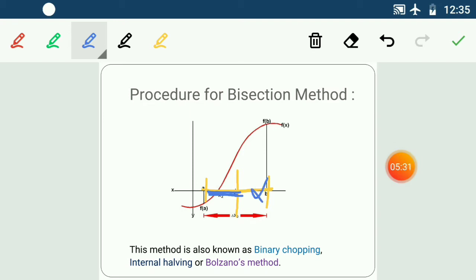Because this one gives me the alternate solution for positive and negative. See, here I have this curve and this curve, which show a positive negative alternate set. So first we have a complete range from a to b, then we bisect it, and then we solve between this half range.